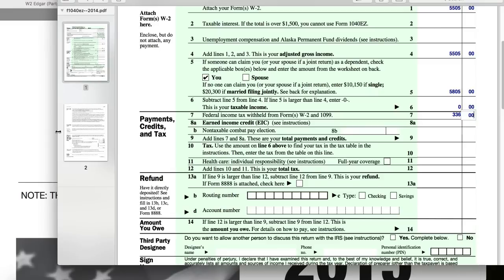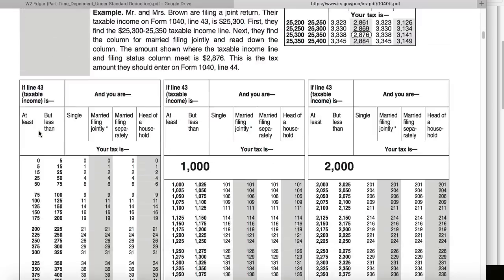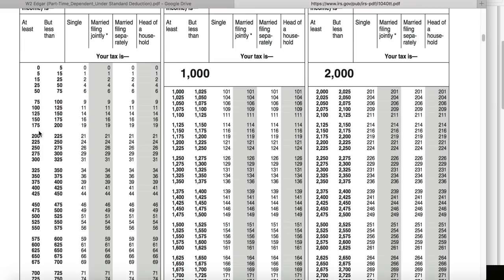So $336 was taken out, and then the tax tables are to show you how much money should have been taken out. So remember, the point of filing your taxes is to figure out how much money was being taken out during the year and if the right amount was taken out. And you might be saying to yourself, well, can't you just figure it out so that the right amount is taken out? Not always. There's a lot of different variables that go into filing your taxes. So you have to go through this process.